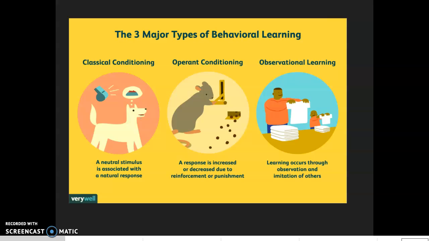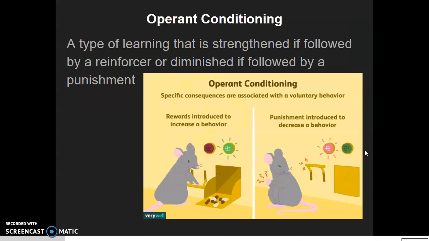Today we're going to look at operant conditioning, and that's where a response is increased or decreased due to the presence of a reinforcement, like a reward or a punishment. And then the last type of learning we'll talk about is observational learning, and that's learning that just occurs by watching others or imitating others. It's also called social learning. So today we'll start with operant conditioning and take a look at what it is.